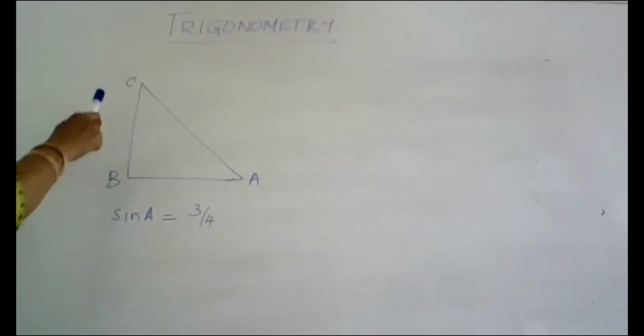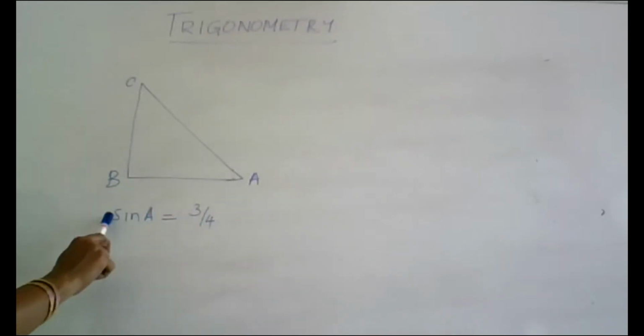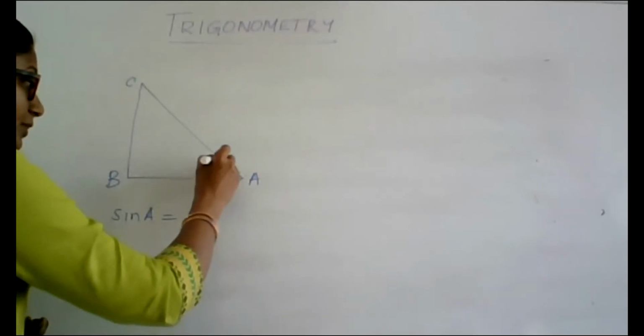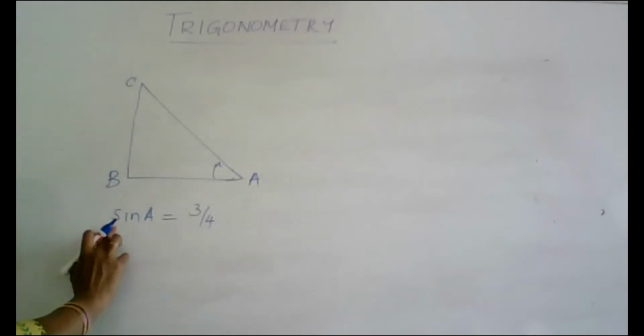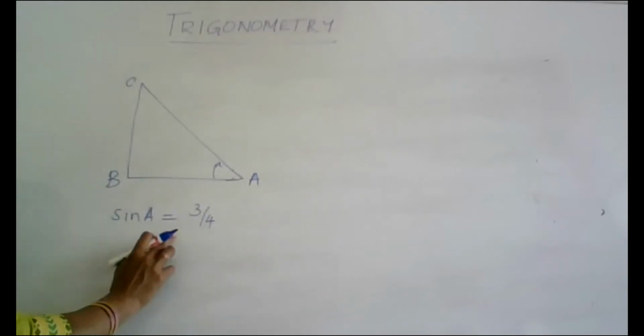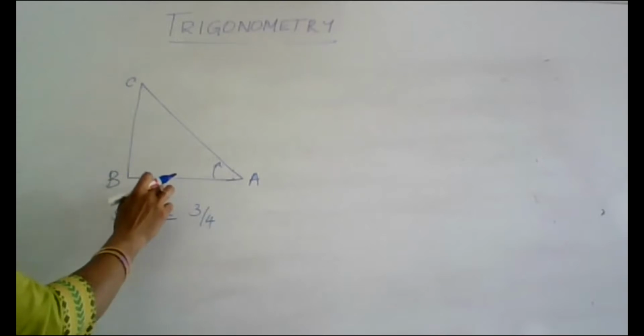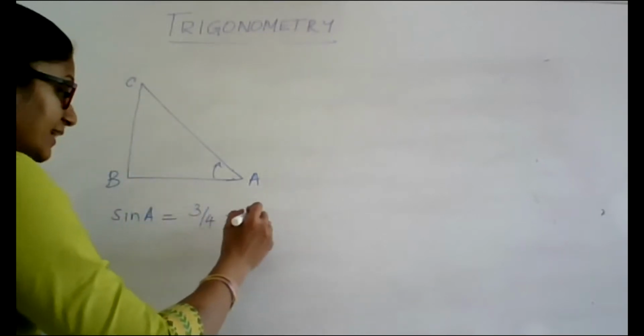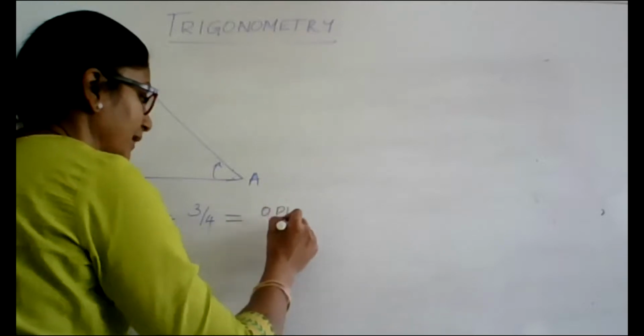Yeah, I have written ABC is a triangle where sine of angle A is given as 3/4. Because I know the trigonometric ratio of sine of angle A is always defined as opposite by hypotenuse. So it is given as 3/4. So I will see this 3/4 as opposite by hypotenuse.